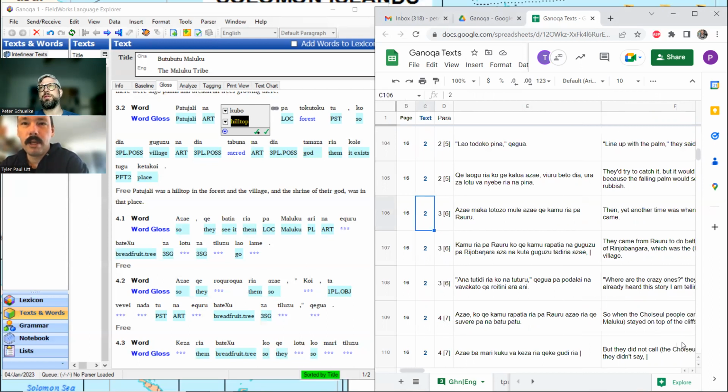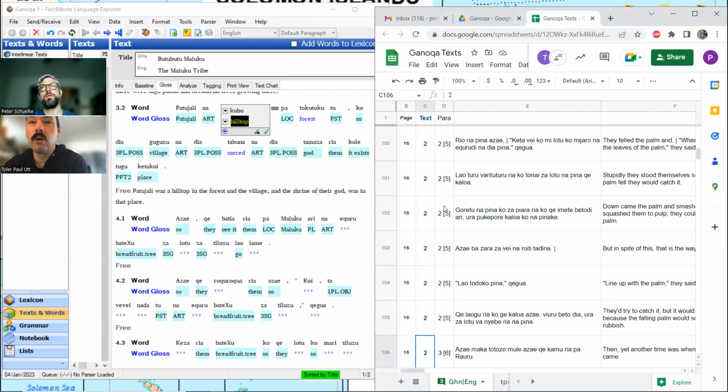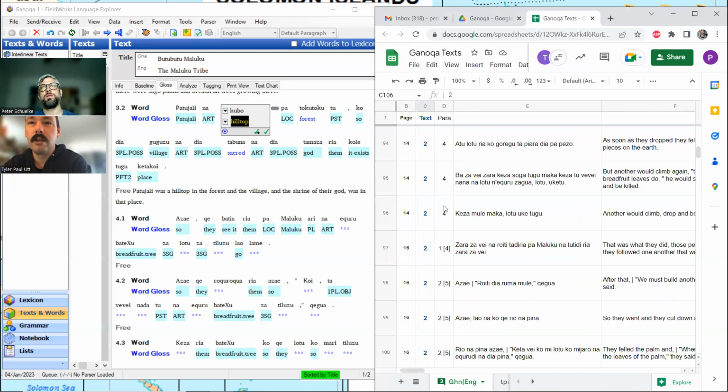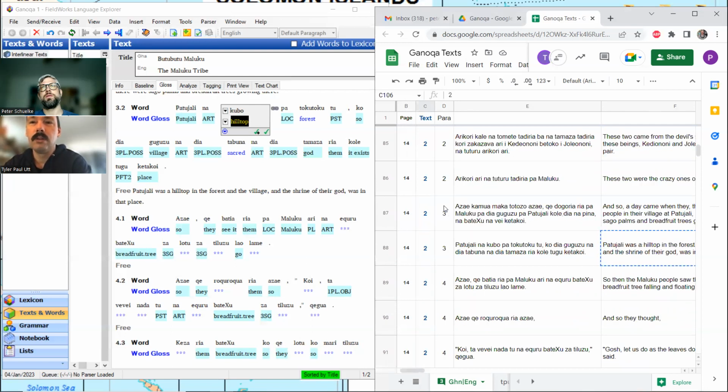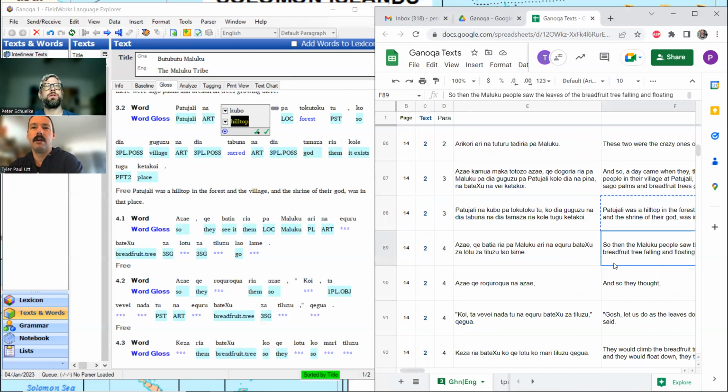Anyway, to recap this last sentence: Patanjali, the hilltop, in the forest, it was. And then coal, okay. Dia, so that it was. The India is interesting. Their village. The na, who's a na?